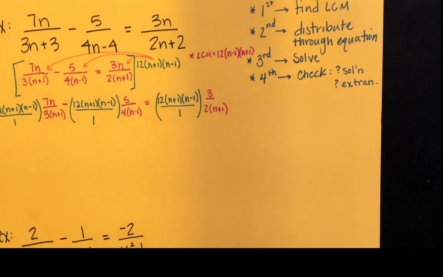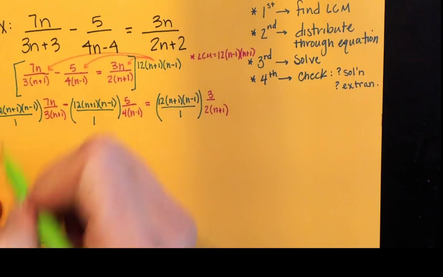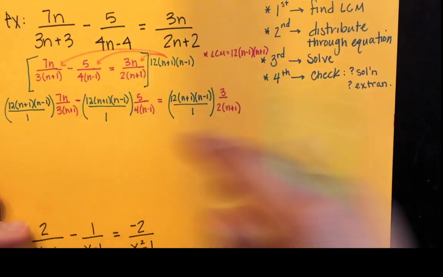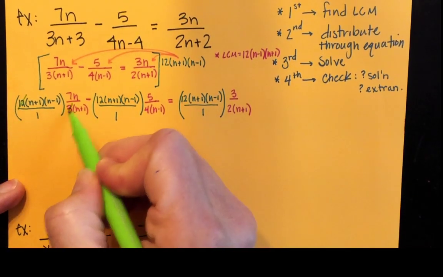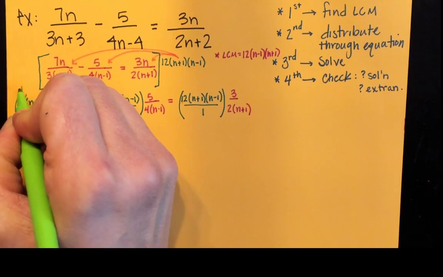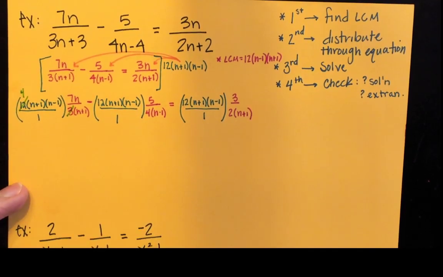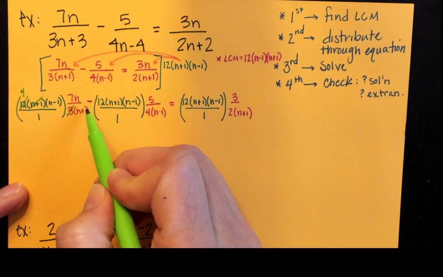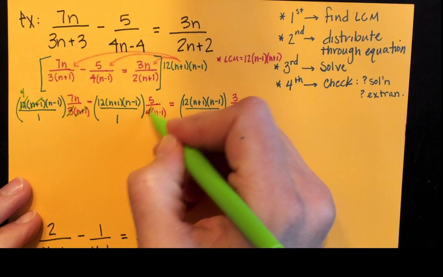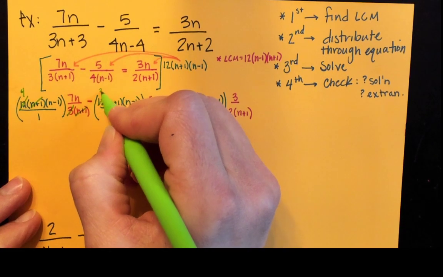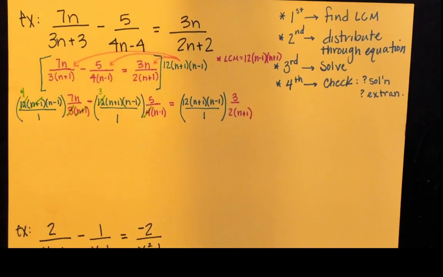Now I can reduce top to bottom. So once I have this, the 12 and the 3, there's the 4 that I was talking about. The n plus 1s are going to cancel. The 4 and the 12 cancel, and there's the 3 we talked about.